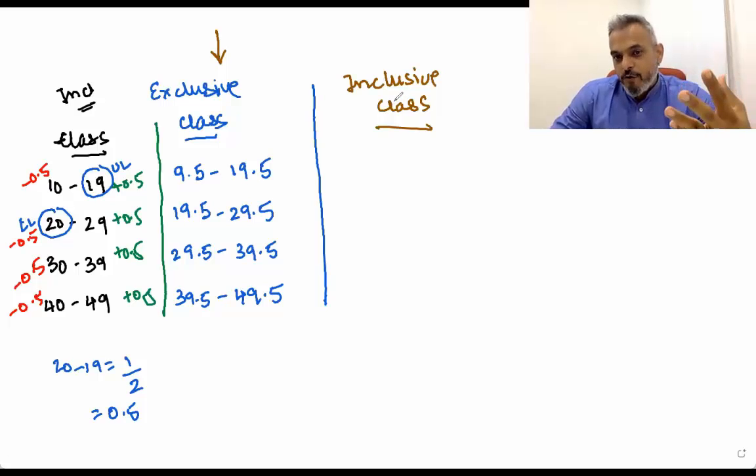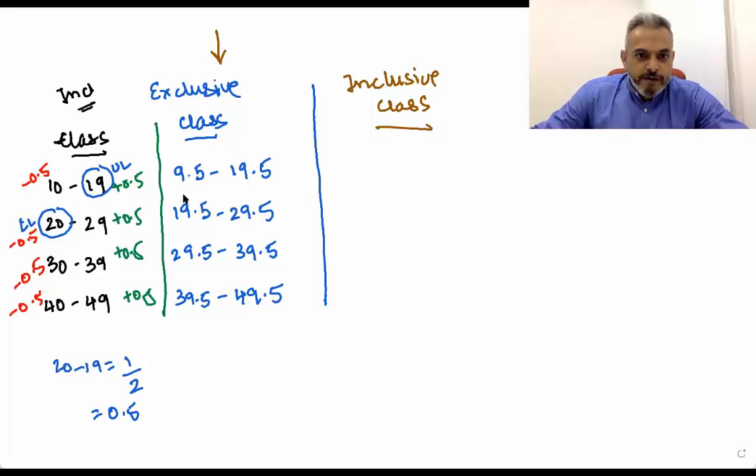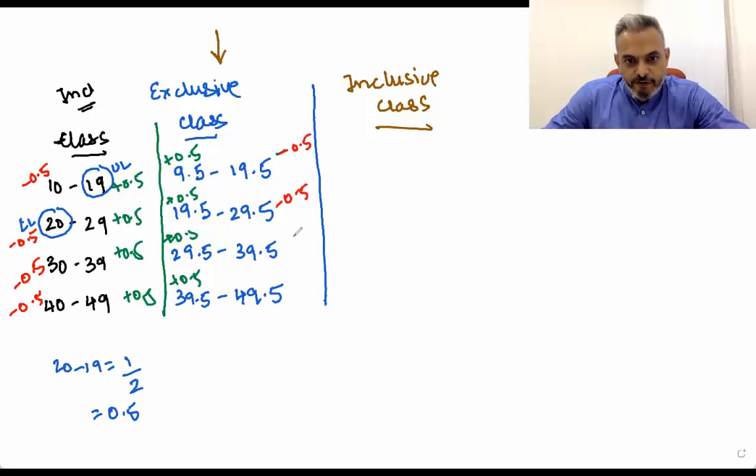So what do we do over here? Now we will go in reverse. Here in 9.5 we will add 0.5, and everywhere we will add 0.5. In the upper limits, this is lower and this is upper, we subtract 0.5 each time.